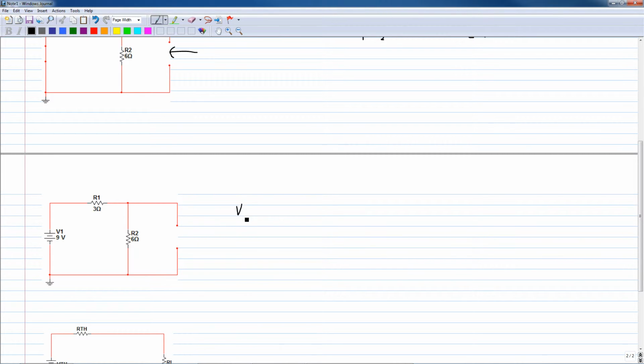So VTH equals R2 divided by R1 plus R2 times V1.